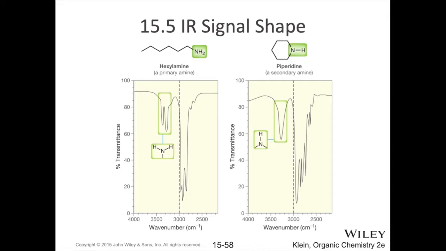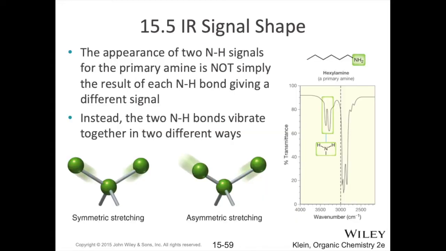Now, the answer that's immediately coming to your mind is actually wrong. You're probably saying to yourself, well, obviously there are 2 hydrogens here. That's why we see 2 signals. That's actually not the reason. It's because there are 2 types of stretches that we observe.